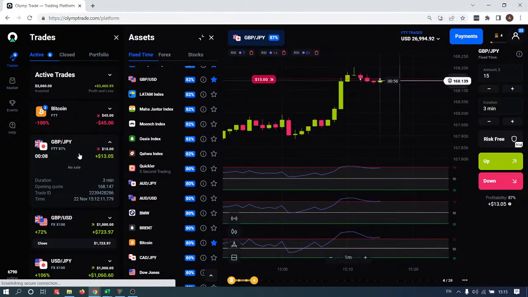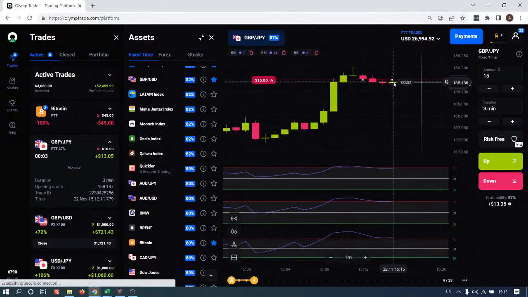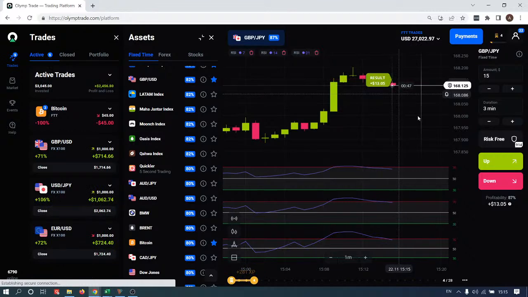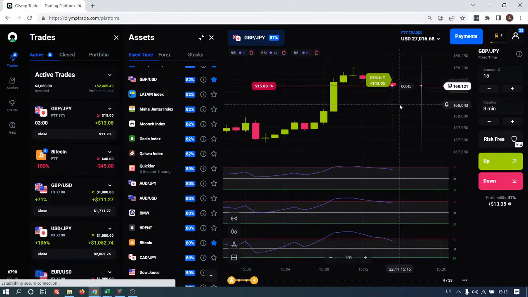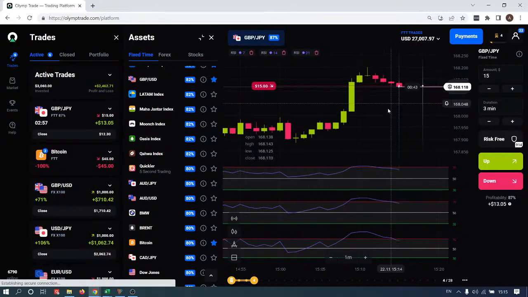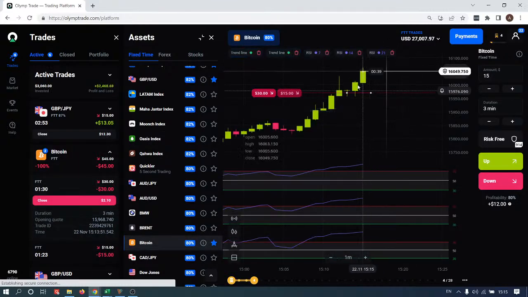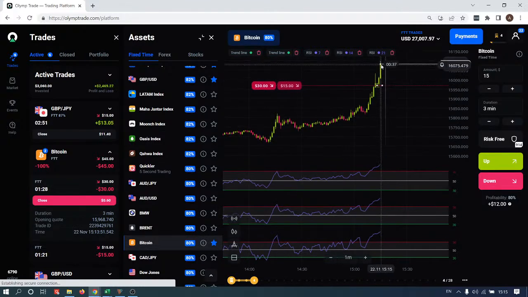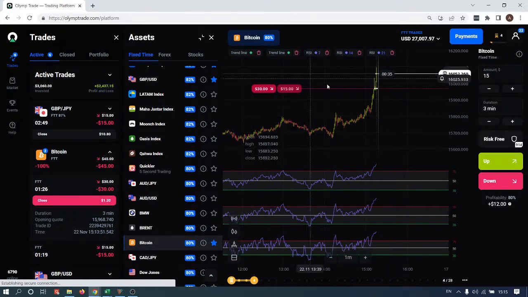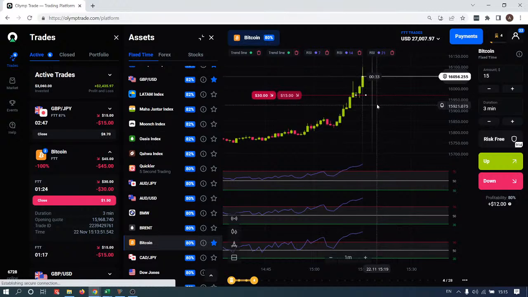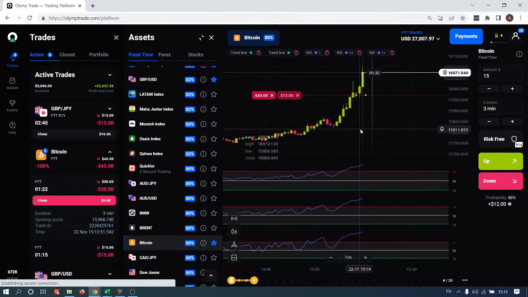Eight seconds to go. And let's see how this trade closes. Okay, this trade closes with a profit, and I think I can open another trade. Wow, and Bitcoin, finally it's pushing north after this huge drop.